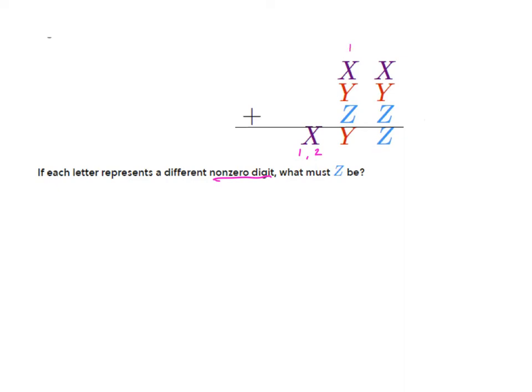Now I think I'm ready to test some possible solutions. Let's say x is equal to 1, y is equal to 6, and z is equal to 5. We would have 6 plus 5 plus 1, which is 12, which would mean z would have to be a 2, and 2 and 5 are still 3 digits apart.